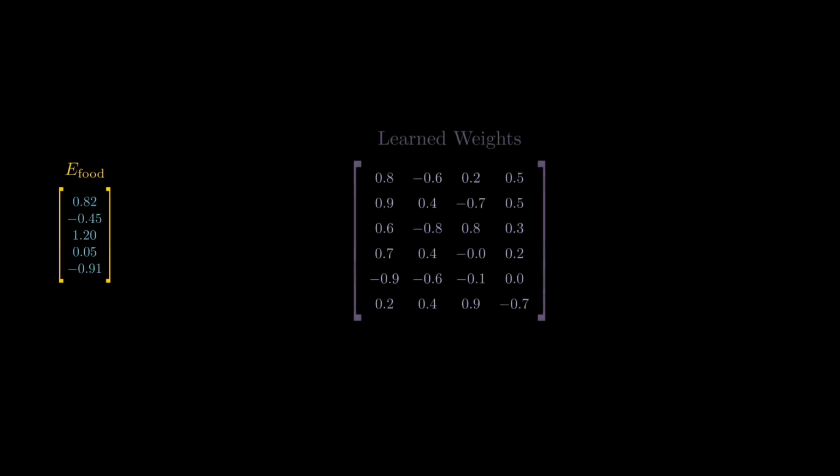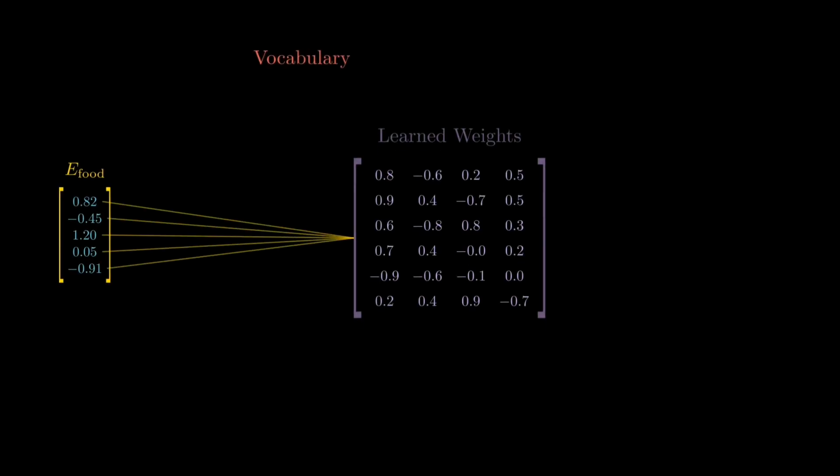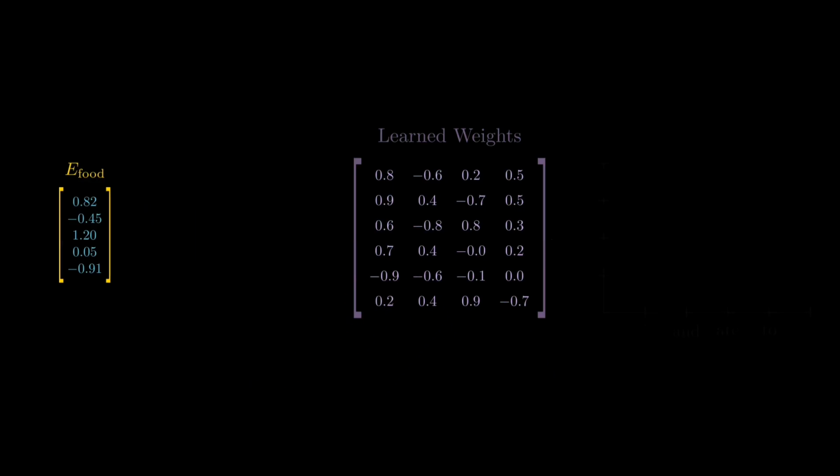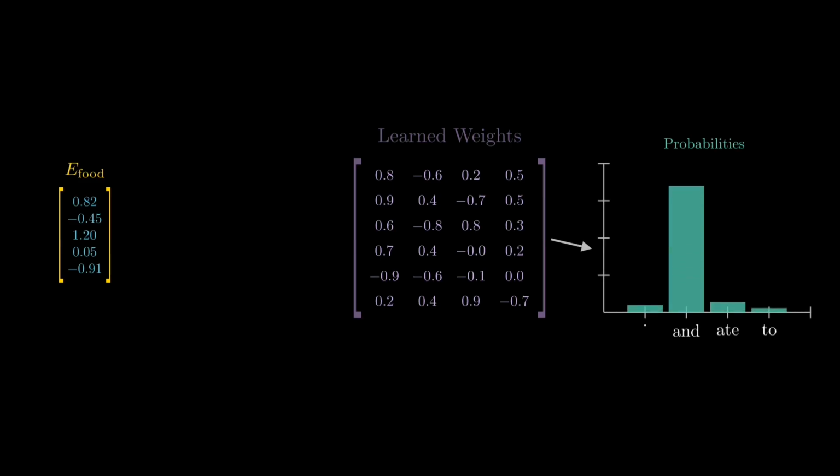To predict the next word, the model takes this final embedding, this condensed representation of the full context, and mixes it with everything the model already knows from training. Its vocabulary, its learned grammar, its world knowledge, its statistics of how sentences usually flow. Using all of these, it produces a probability distribution and selects the most likely next word.